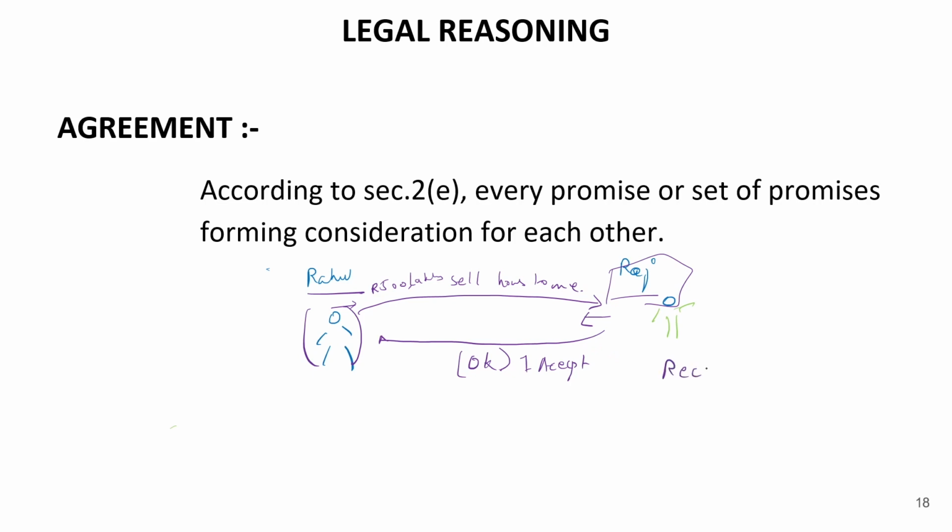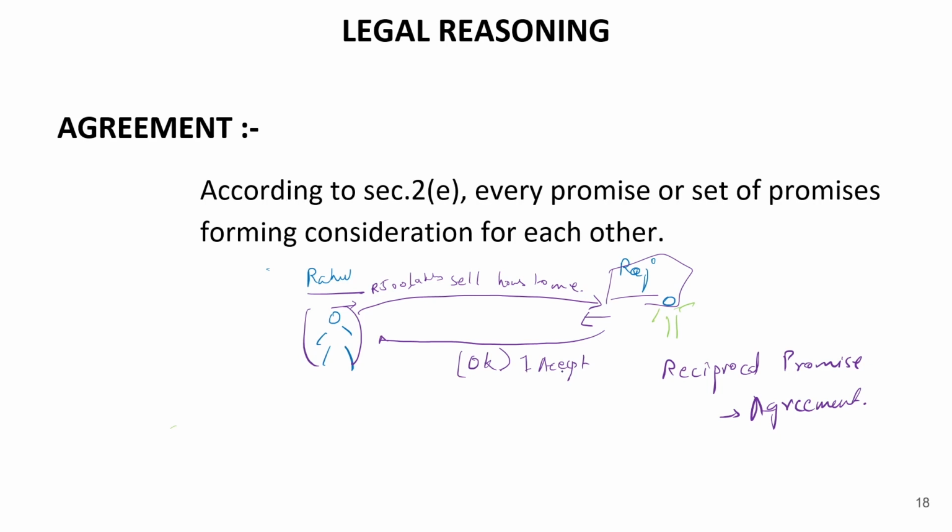It is reciprocal. The promises are reciprocal. So whenever there is a reciprocal promise, what does it constitute? It constitutes an agreement. This is very much clear: now the offer has been communicated and it has been accepted and everything is fine.